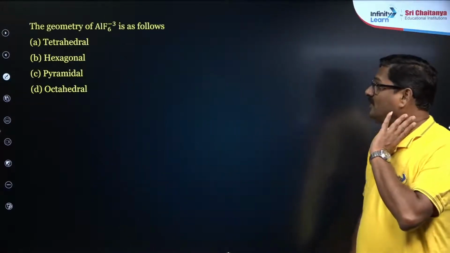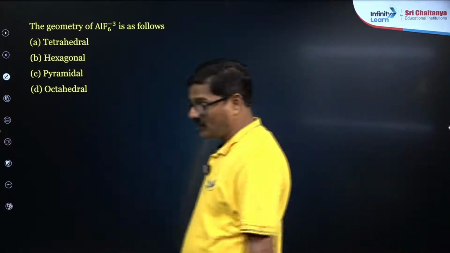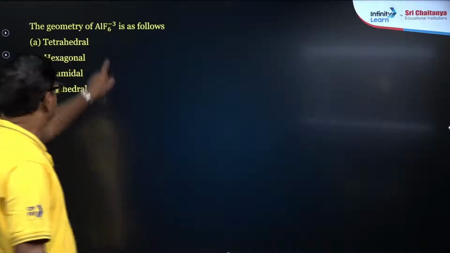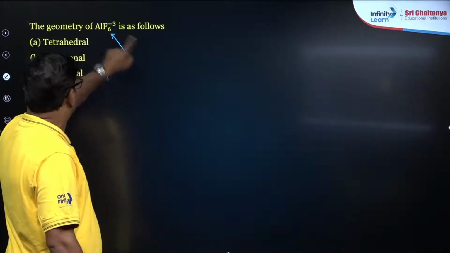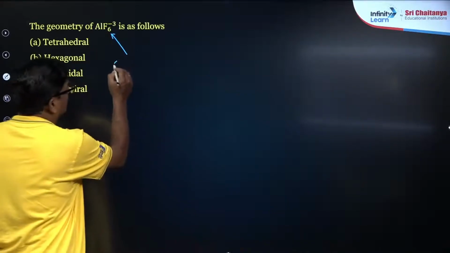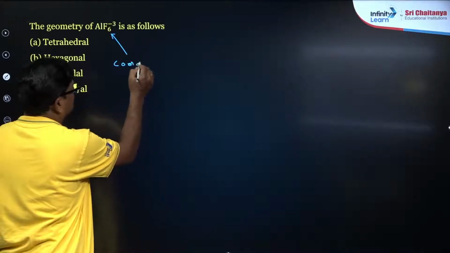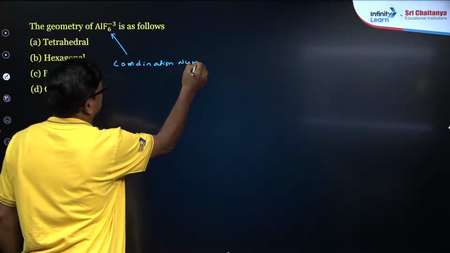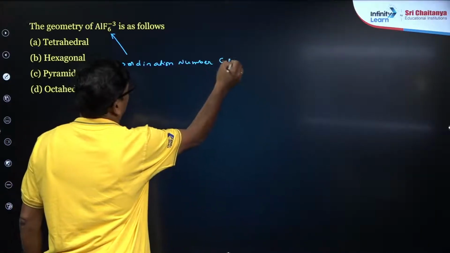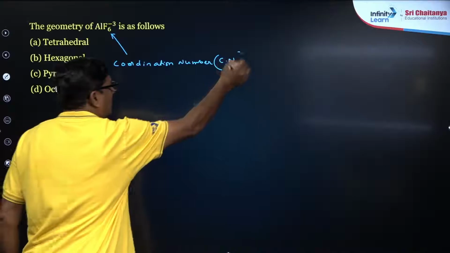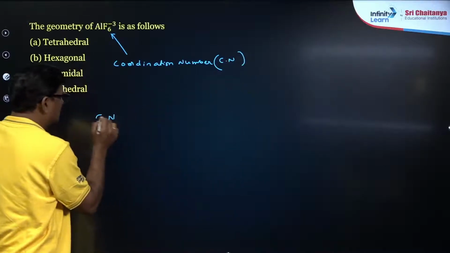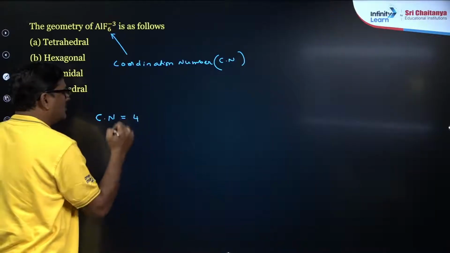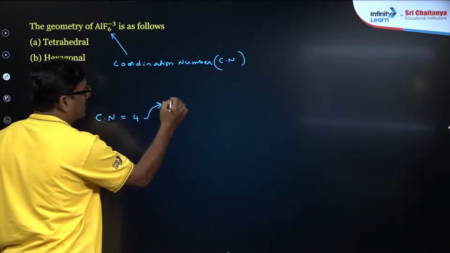Now the geometry of AlF6 3 minus is as follows. You want me to draw that? No need. These 6 bonds are there. That is what you call coordination number 6. If coordination number is 4, it could be square planar or tetrahedral.